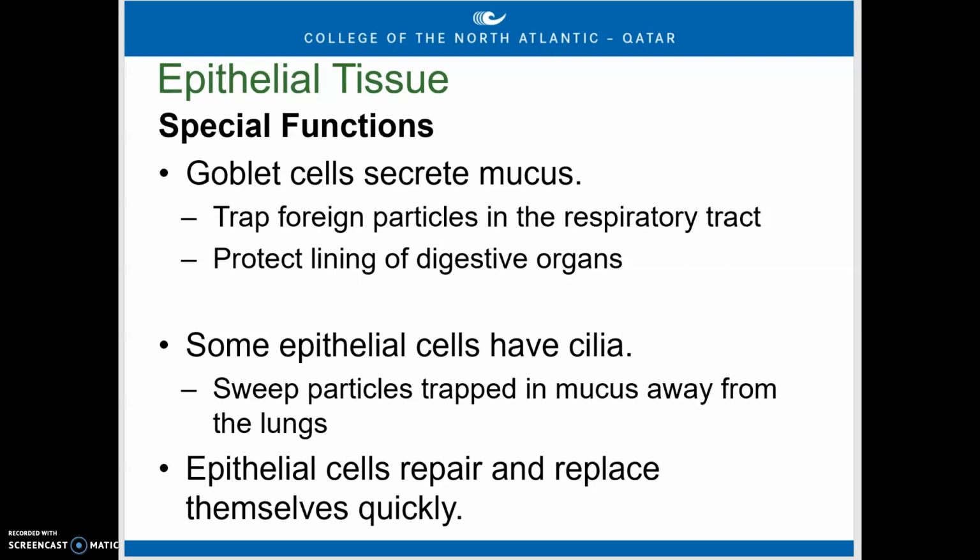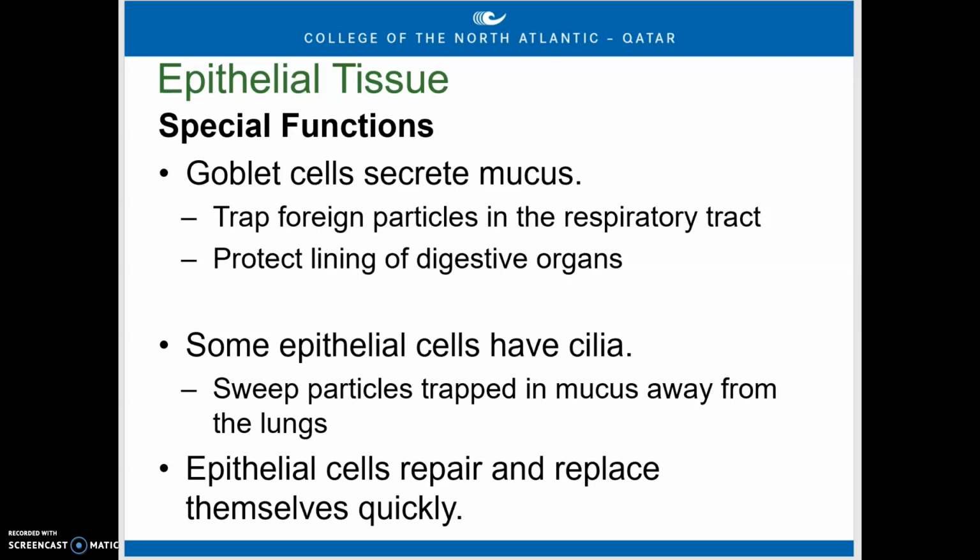And we need mucus in our stomachs, in our digestive system, so that the inside of the organ doesn't get damaged by stuff like stomach acid or proteolytic enzymes. So we have these goblet cells. They're epithelial tissues, but they're specialized to secrete mucus so that they protect the inside of the body.